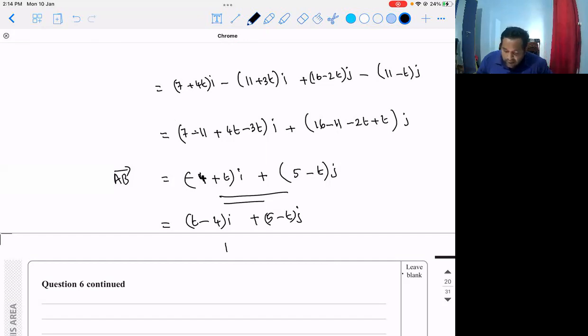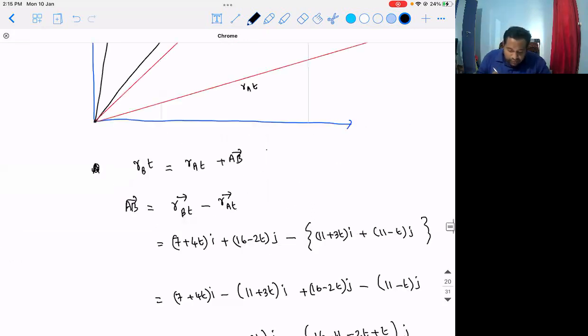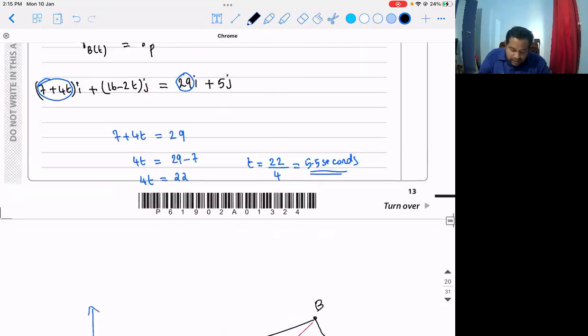Hence we show. That is the answer for the C part.